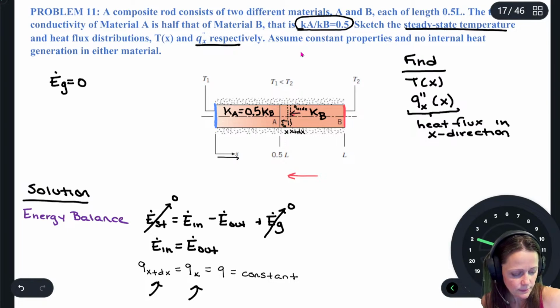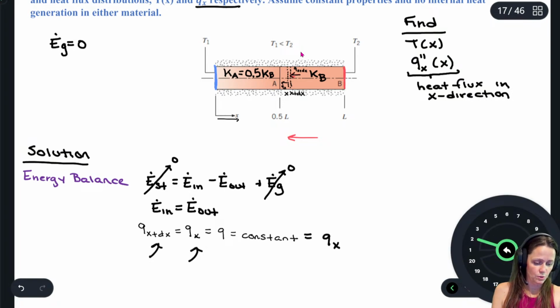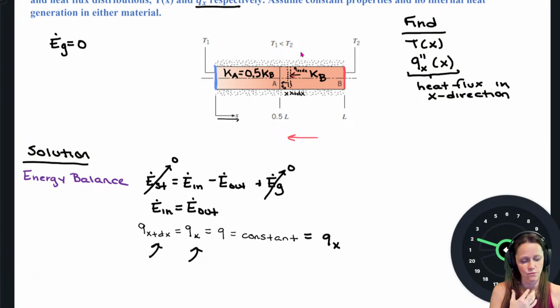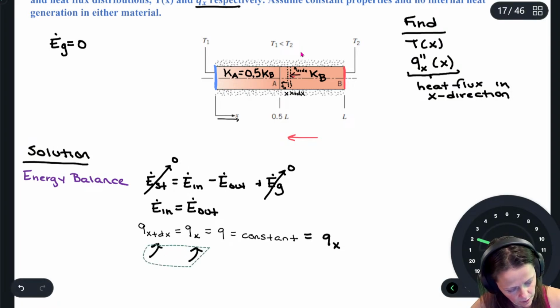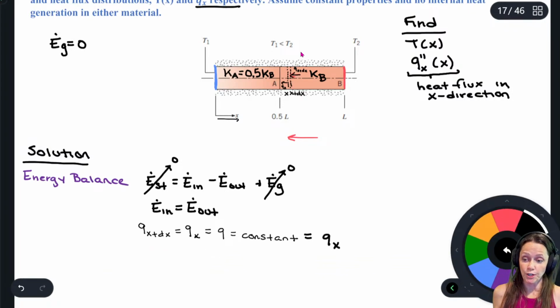So this is Q in the x direction, the convective heat transfer in the x direction.